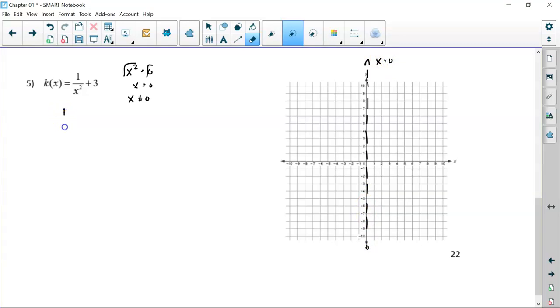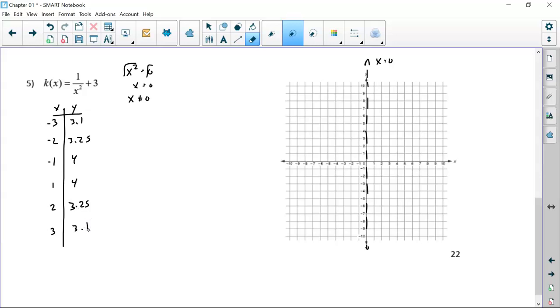So graph it on the calculator and get the table. I'm going to pick some values around 0: negative 3, negative 2, negative 1, skipping 0 because we can't have it, 1, 2, 3. So I'm going to round my values. It's about 3.1, 3.25, 4, 4, 3.25, and 3.1.